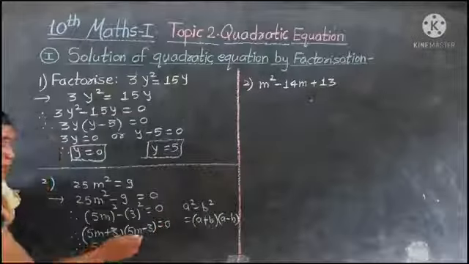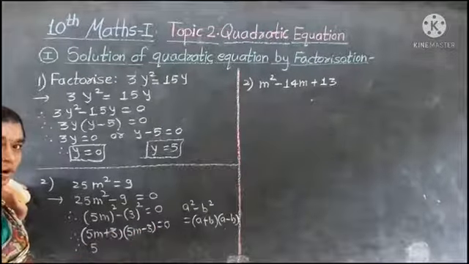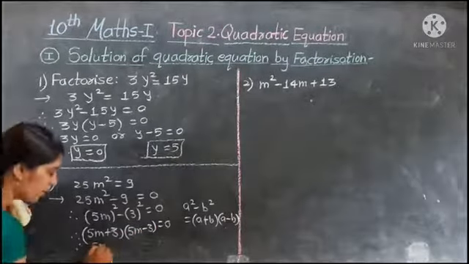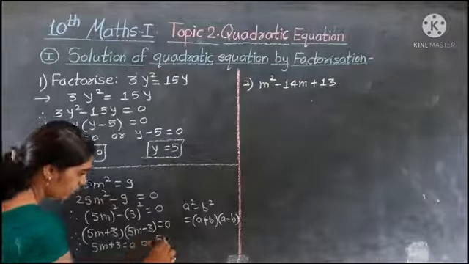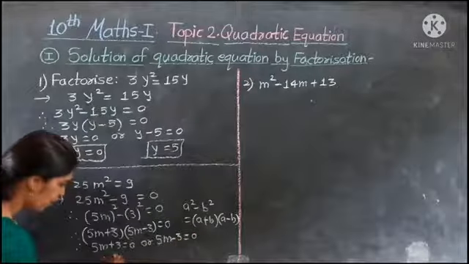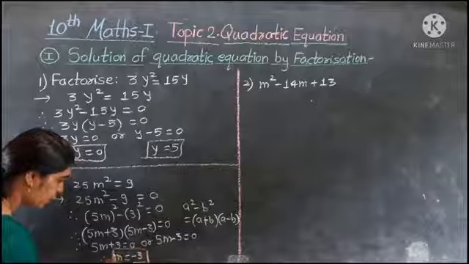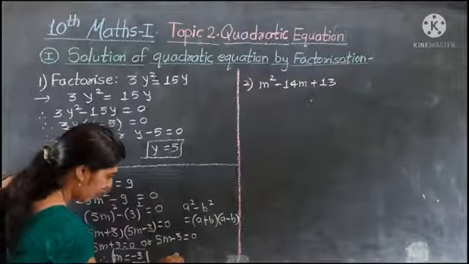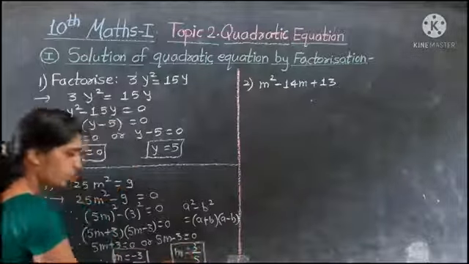Therefore, if the product of two terms is 0, then at least one of them is 0 or both are 0. So you write 5m plus 3 is equal to 0 or 5m minus 3 is equal to 0. Therefore, we get m is equal to minus 3 upon 5, or m is equal to 3 upon 5.